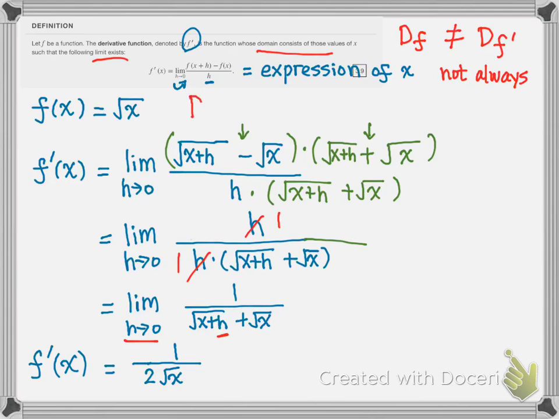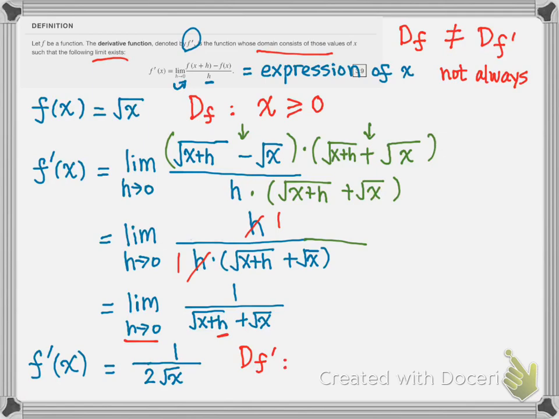What is the domain of the function f? Well, what is a restriction? You have square root of x. It requires the radicand, whatever's inside the square root, to be at least 0. Okay? It can equal 0 because square root of 0 is 0. That is the domain. But what is the domain of the derivative? Think about it.